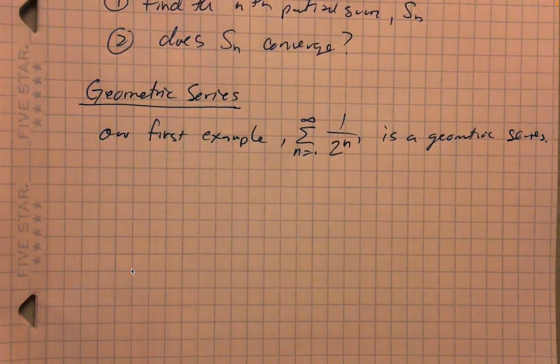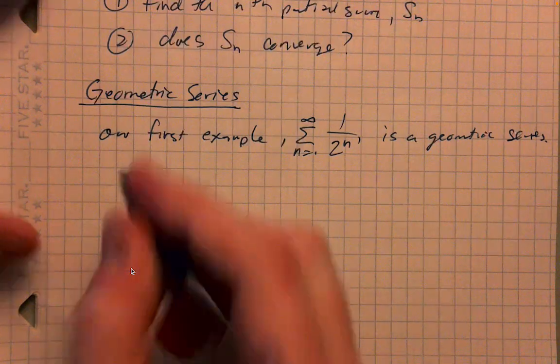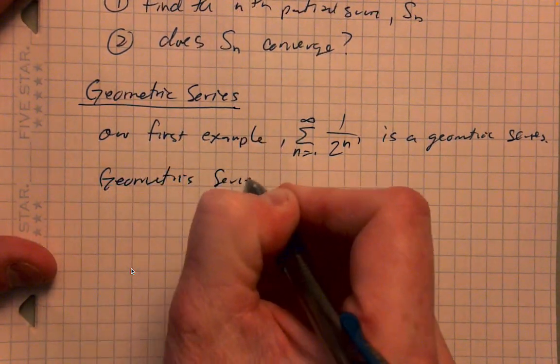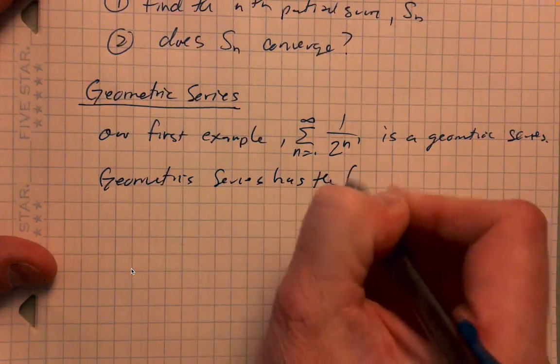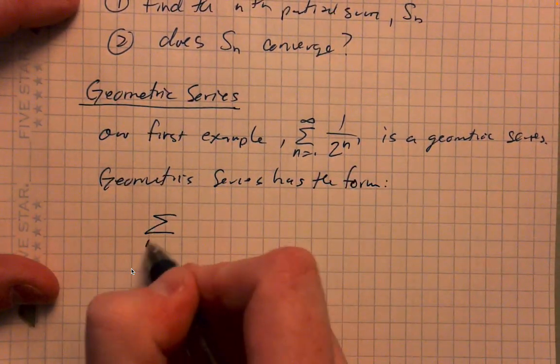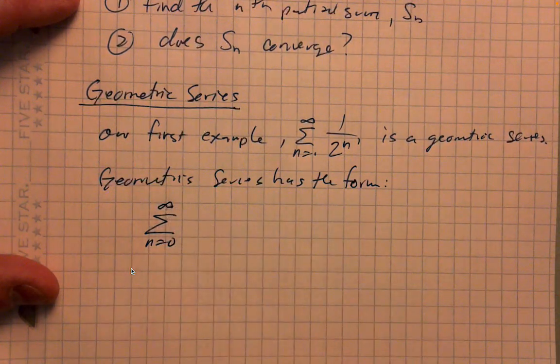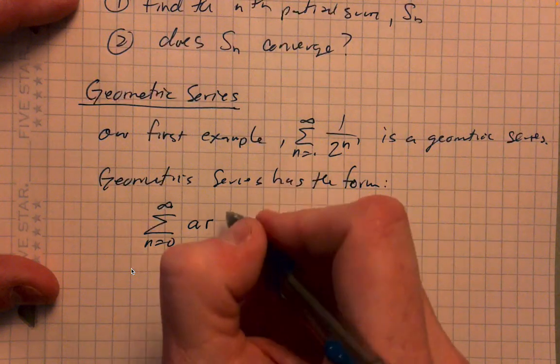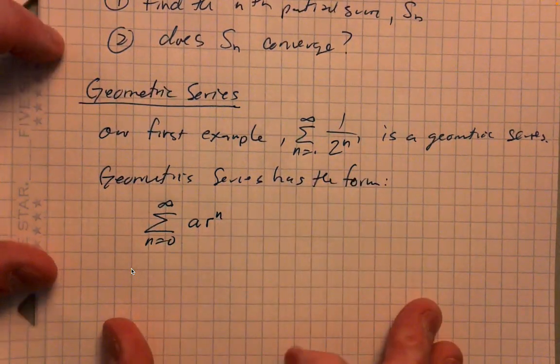Okay, so the question is, what do we mean by a geometric series? Well, a geometric series has the form n equals 0 to infinity of a times r to the nth power.